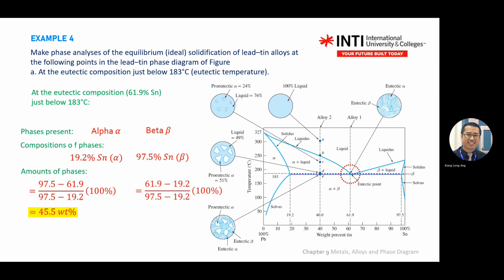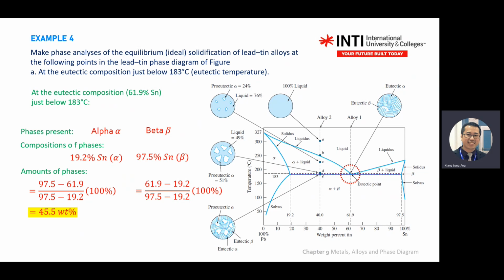So same, alpha, you take 95 minus 69 divided by the total length. So this is the alpha phase, right? You get 45.5% of alpha.